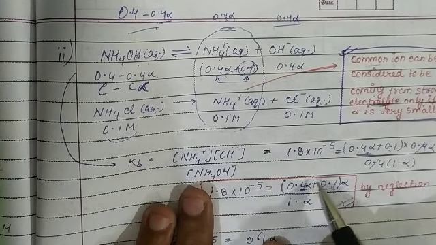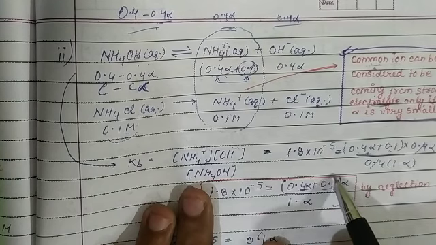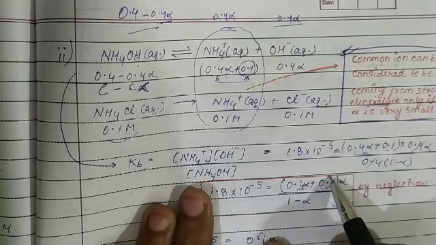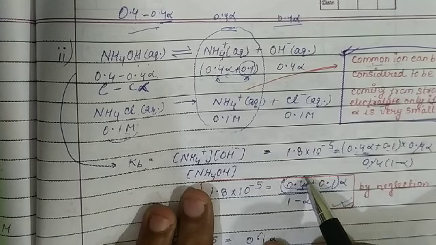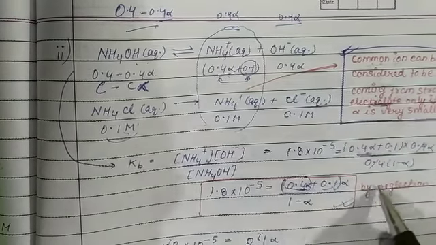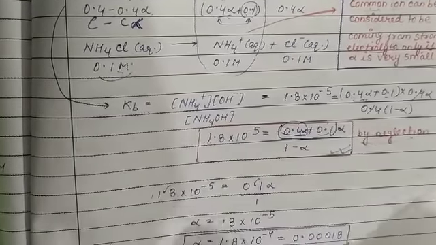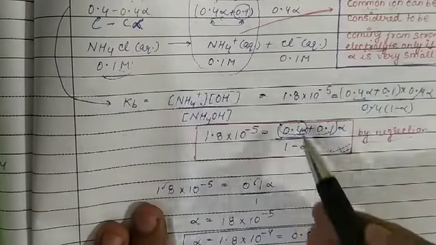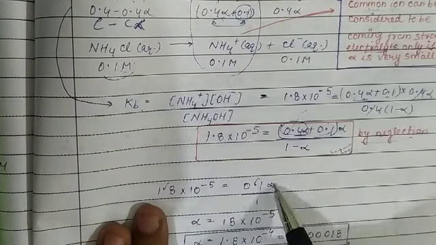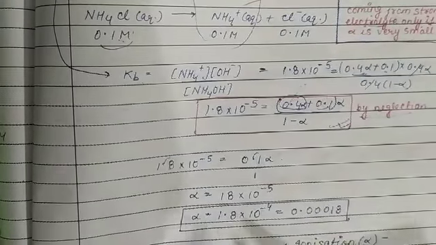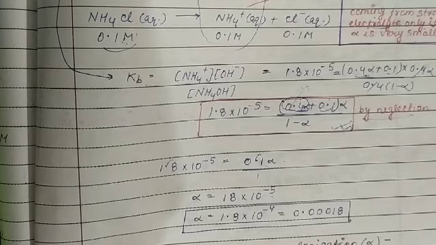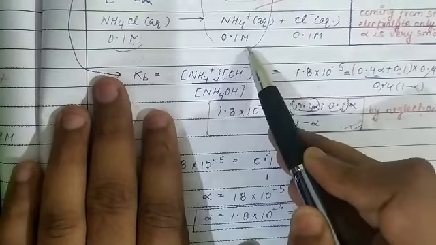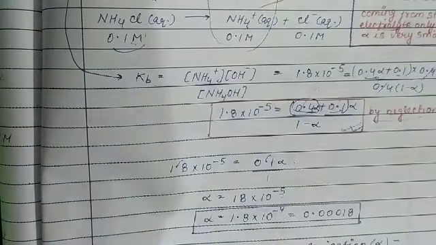In comparison of the strong and weak electrolyte contributions, we neglect the concentration coming from the weak one. So it is 1.8 into 10 to the minus 5, equal to 0.1 into alpha. Now alpha is equal to 18 into 10 to the minus 5, so alpha is 0.0015. It means that on addition of a strong electrolyte containing a common ion, the degree of dissociation decreases.